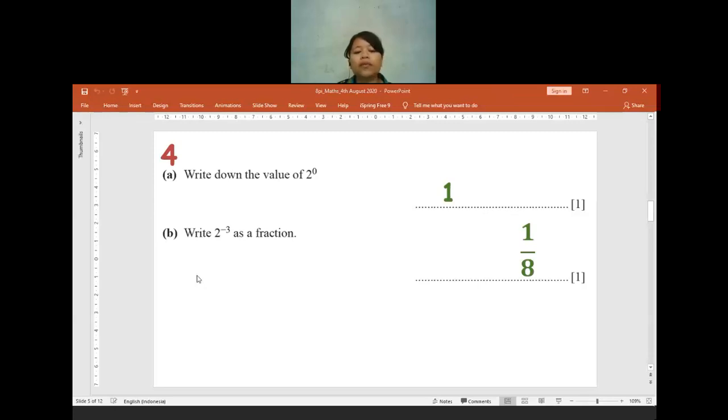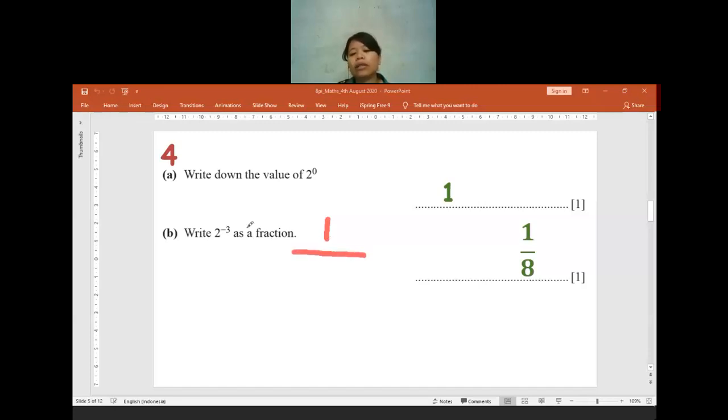Now for question 4b, write 2 to the power of negative 3 as a fraction. When the power is negative, we have to change it into a fraction, becoming 1 per. It's always 1 per. It will never be 2 per or 3 per something. It always starts with 1 per.